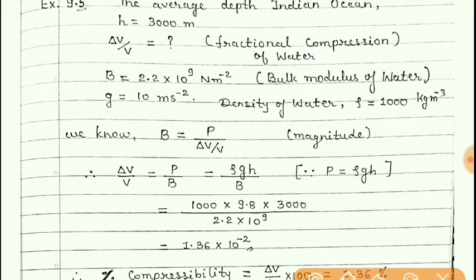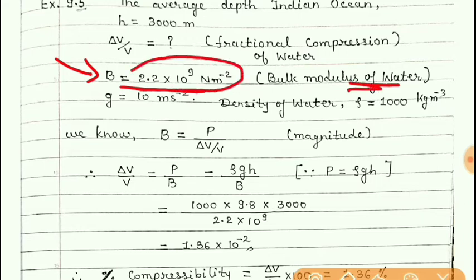So here this type of concept is given. Given the bulk modulus of water, A, which is equal to 2.2 into 10 raised to 9 Newton per meter square, and g, acceleration due to gravity, is 10 meter per second square. We have to take the value of g this much. Also the density of water is needed.